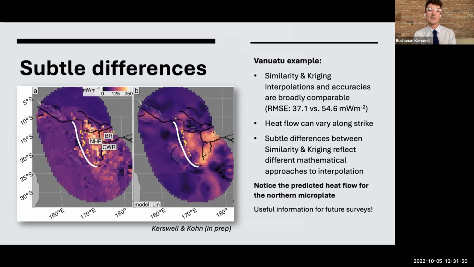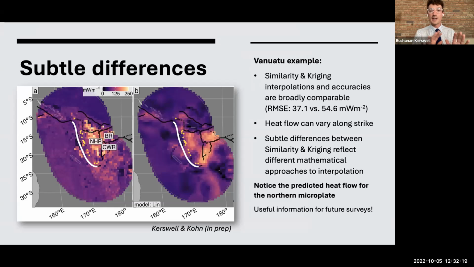Why is there a discrepancy? Well, it's because the actual heat flow measurements in that microplate are low. Kriging is seeing low heat flow measurements, and it is forced to predict low heat flow for that particular region. Whereas similarity just sees that there are plate boundaries there and volcanic vents, and so it's predicting high heat flow, and it's completely ignoring what the observations are telling it.